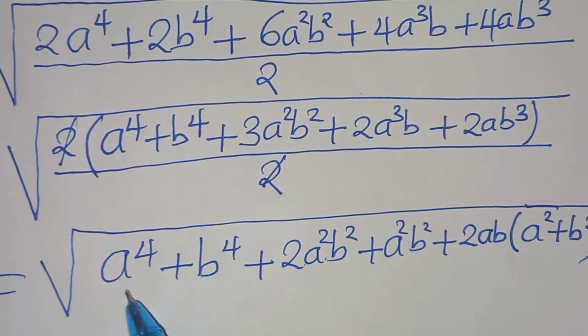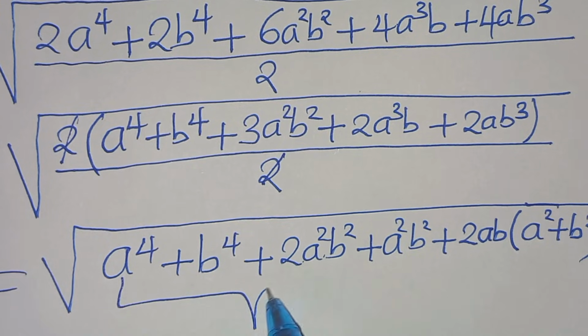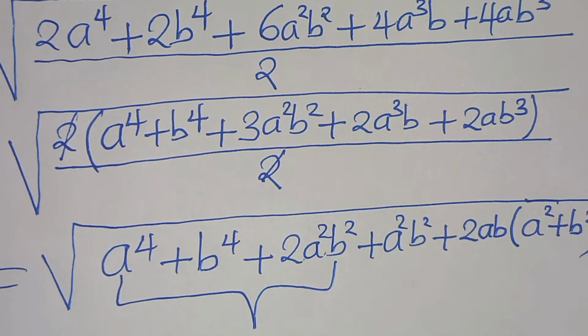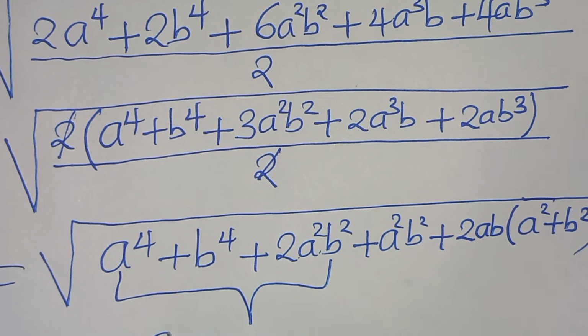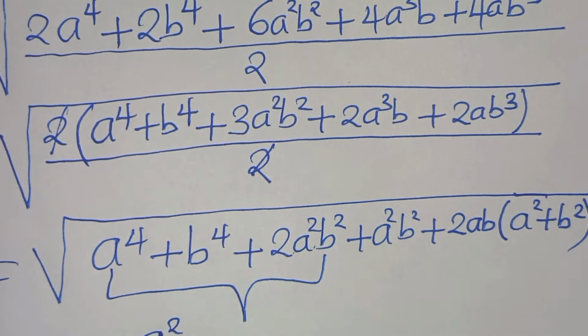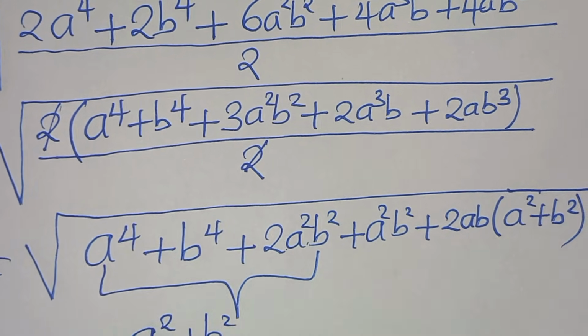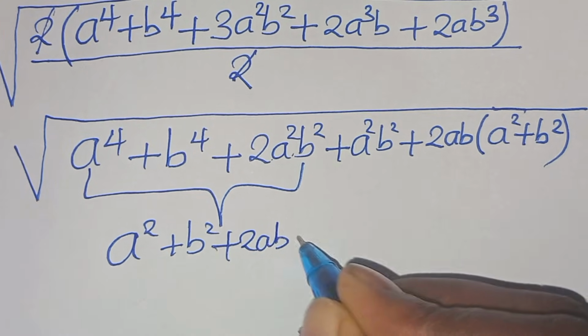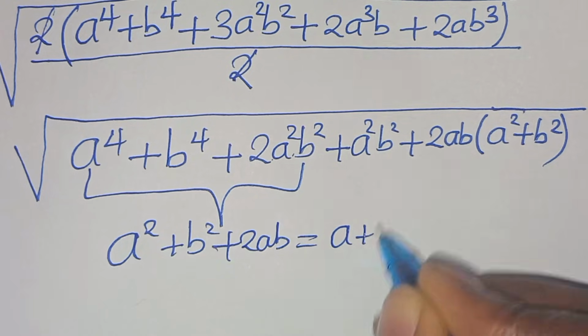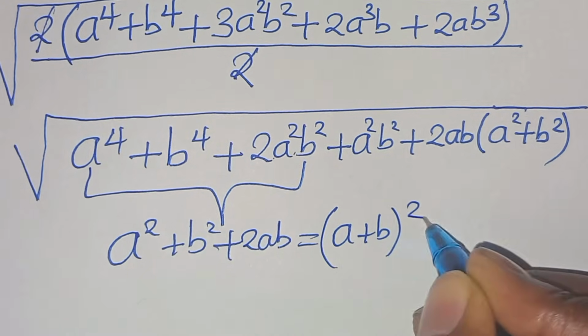Now, the next step is that this particular part here is in the form of a squared plus b squared plus 2ab, which we can express as a plus b raised to the power of 2.